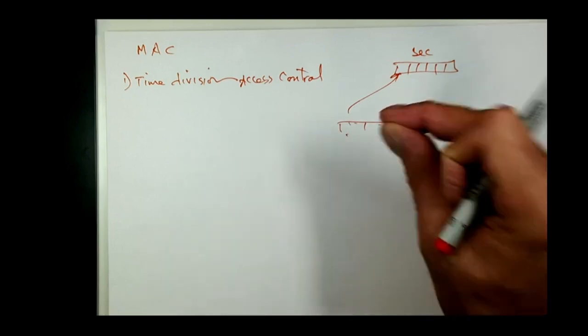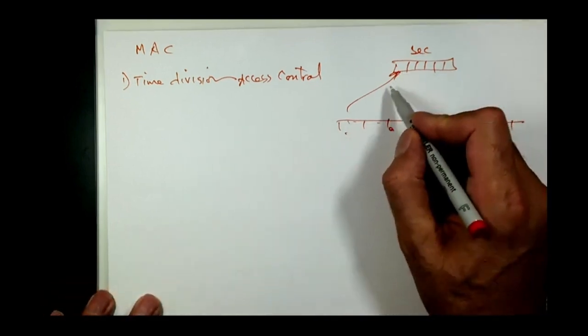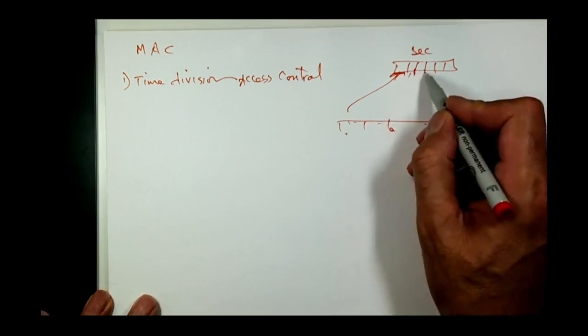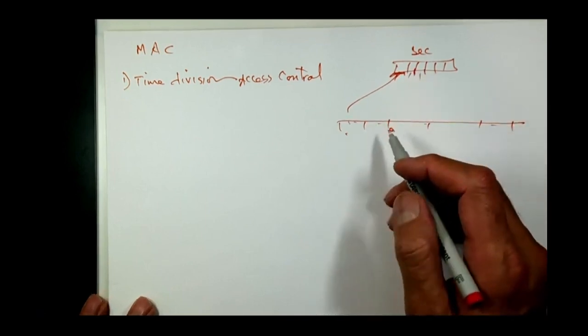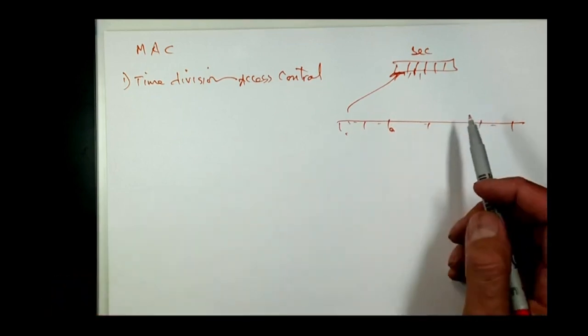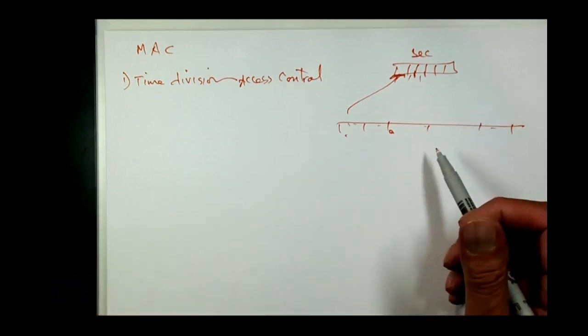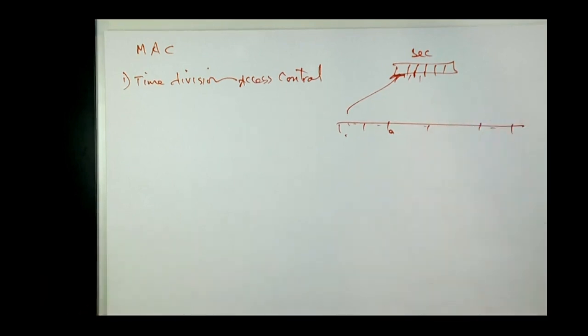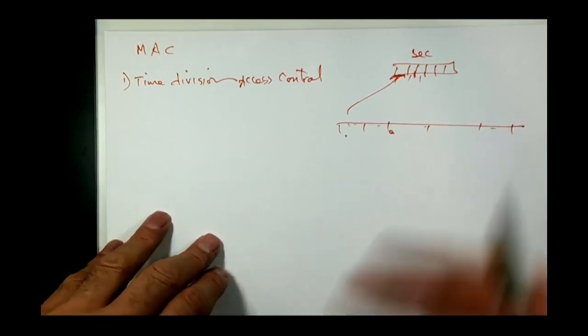Every time the second ticks, we know who's going to transmit first, then it stops, then the second one transmits and stops, then the third one. For 10 machines, each one will transmit for 1/10 of a second. So that's really easy to implement.